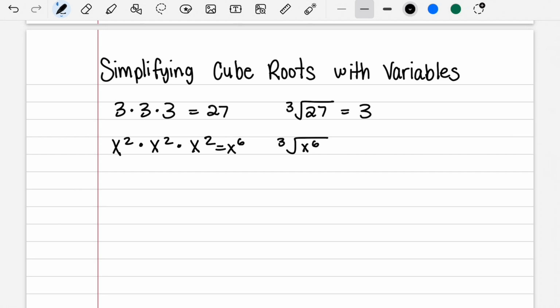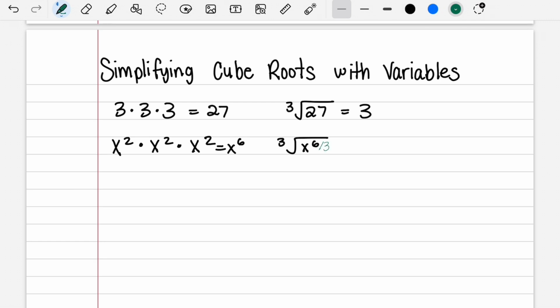And if I find the cube root of that, what I'm really doing is asking what 6 divided by 3 is.